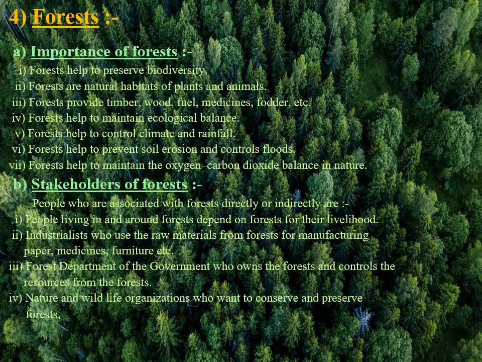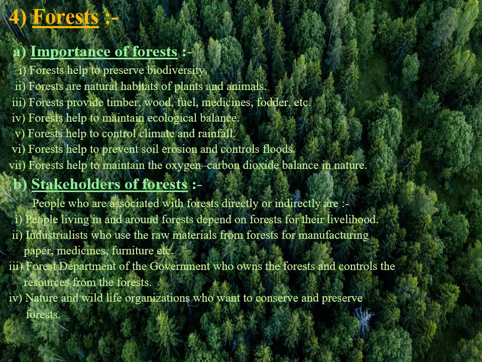forest products. The second one, they are the industrialists who use the raw materials from the forest for manufacturing paper, medicines, furniture, etc. The third stakeholder is the forest department of the government, who owns the forest and controls the resources from the forest.